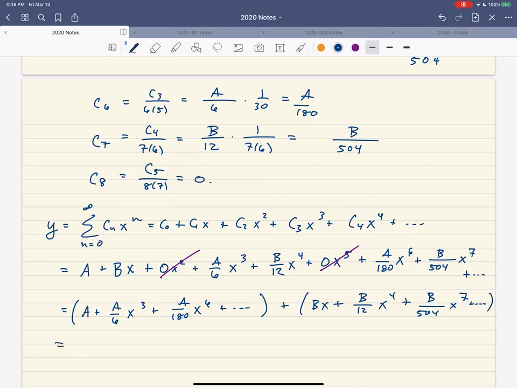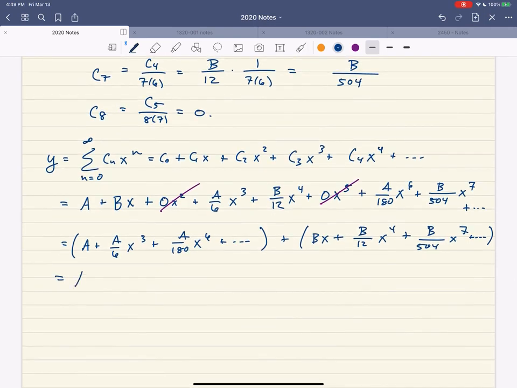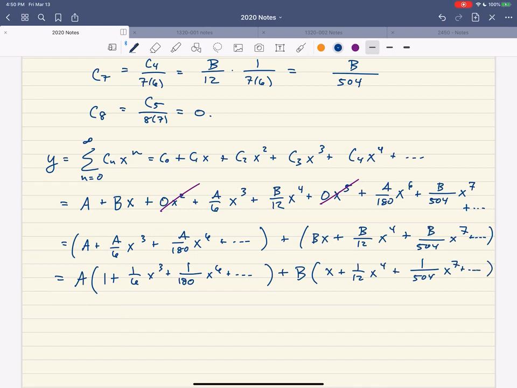And then the final thing we can do is factor out the a and the b from our series. So this is a times 1 plus 1 over 6x cubed plus 1 over 180 x to the 6th, and so on. And b times x plus 1 over 12 x to the 4th plus 1 over 504 x to the 7th, and so on.